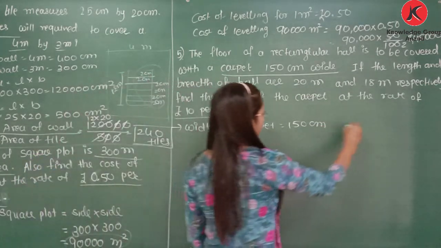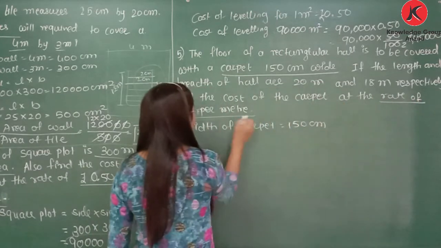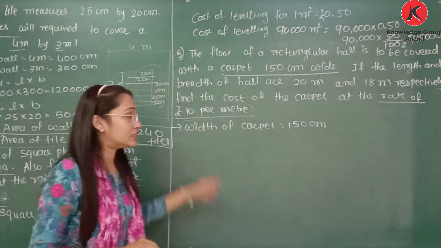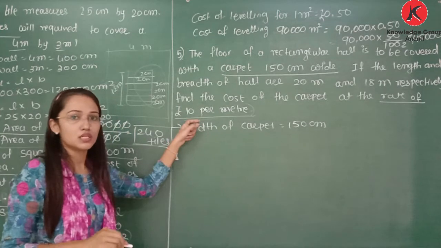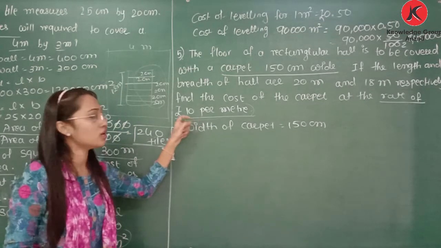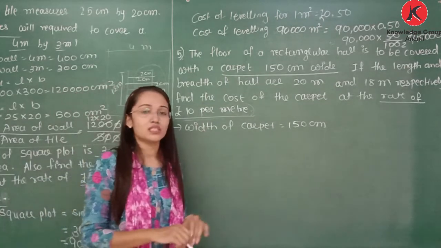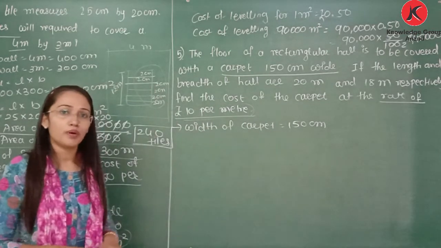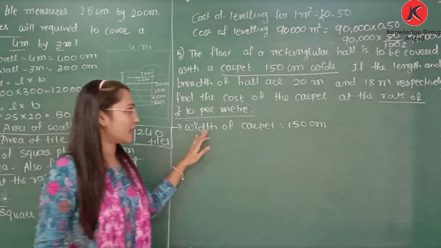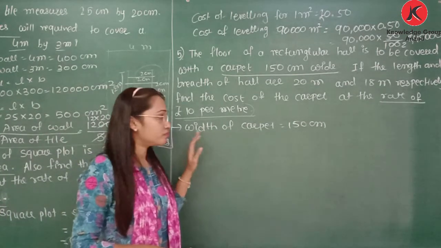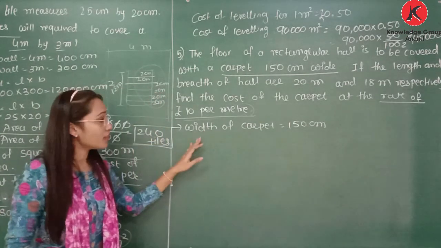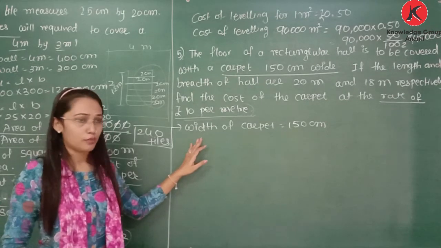Cost of carpet is given, that is 10 rupees per meter. But this 10 rupees per meter means it is a cost of a length for a carpet. Clear? If you went to the market and buy some cloth, then the shopkeeper measures the length of that cloth and then he finds the money to pay. So for that you need to find the length of carpet.